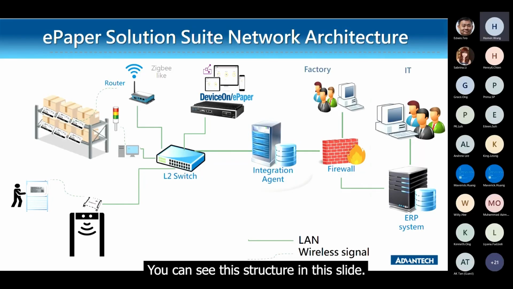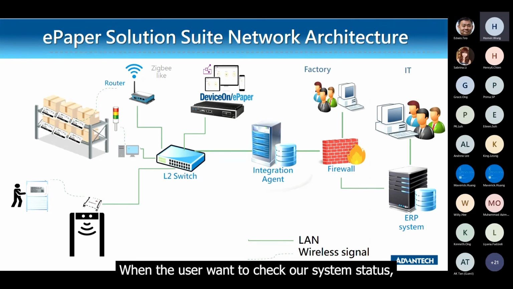You can see this structure in this slide. These devices are connected via LAN. The other tag devices like our EPD230 and EPD332 use the wireless protocol to receive image data.